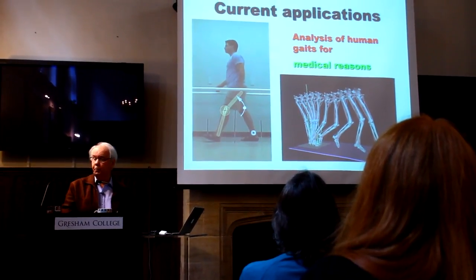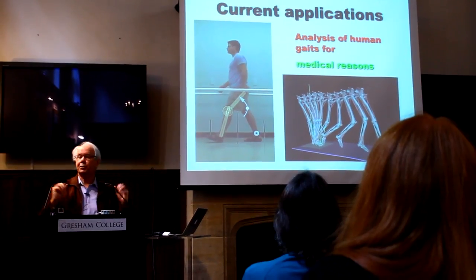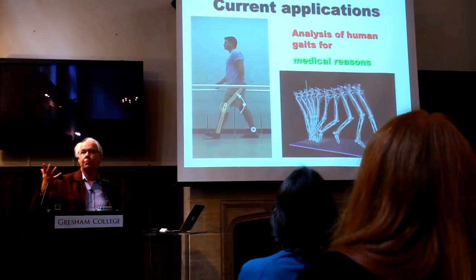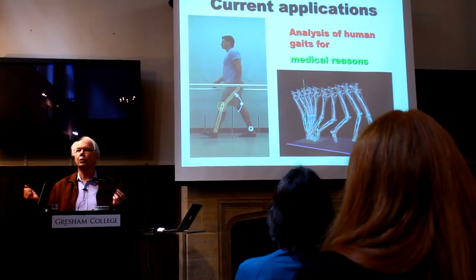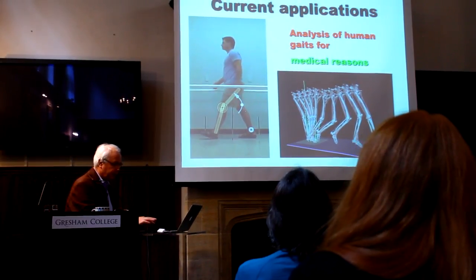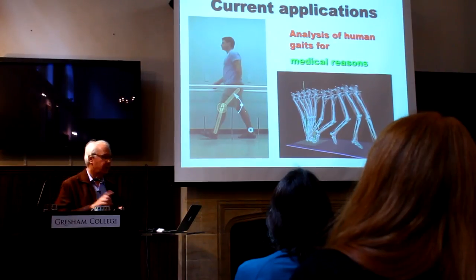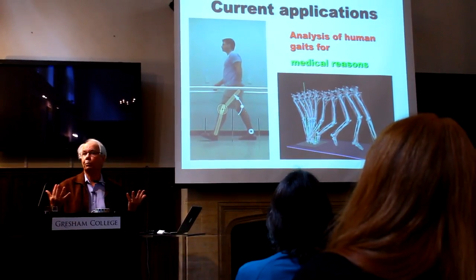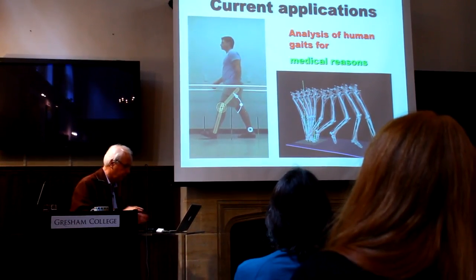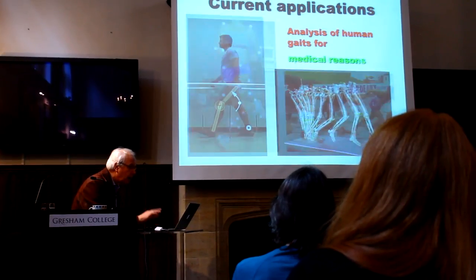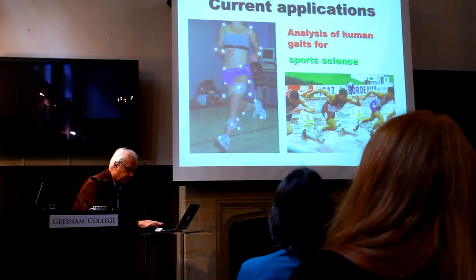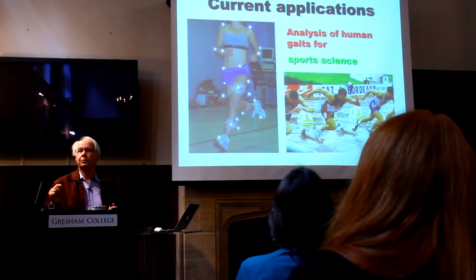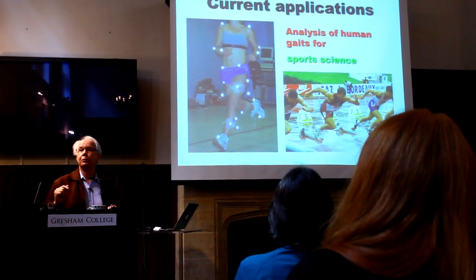And it's actually useful. There are lots of applications of this, it's a mixture of mathematics and physiology, basically. So there are medical reasons for wanting to understand human gaits, because people have problems with their knees and hips, tell me about it. And it's good for sports science. Mo Farah didn't just win his medals by being very good at running.